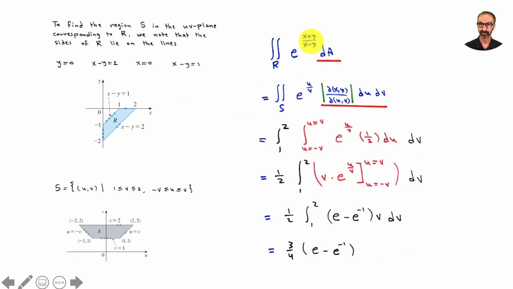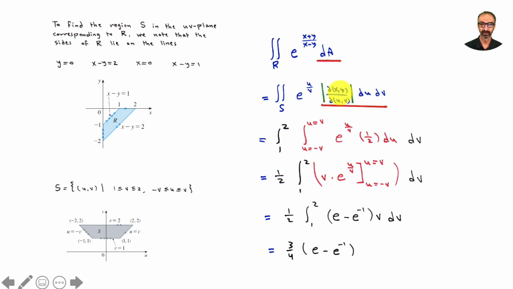It's kind of hard to integrate without the concept of u and v substitution using the Jacobian correctly. Notice that here I wrote half. I did not write negative half that I mentioned earlier. This is the magnitude. That's not the determinant. What's inside is the determinant.